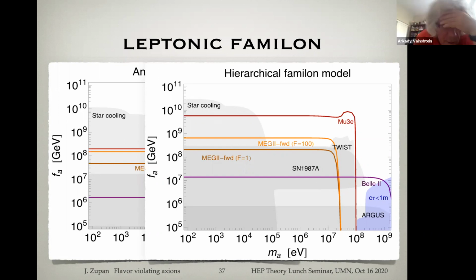Maybe I do not understand this particular point. You mentioned something like a horizontal symmetry between different flavors. But when you have this kind of spontaneous breaking of horizontal symmetry, you could think in terms of Goldstone bosons, which are not just one, right?